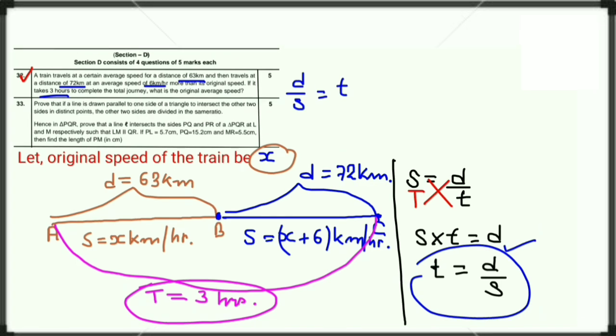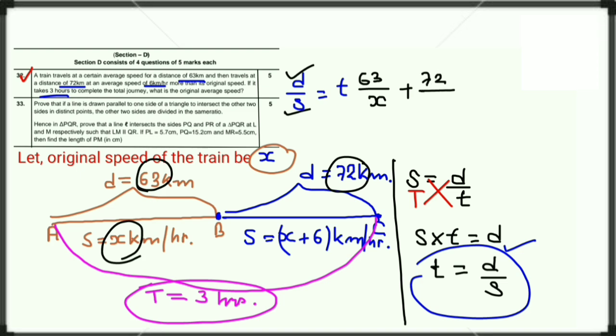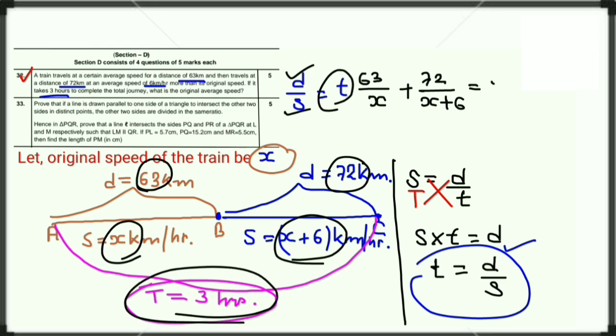Okay, here firstly distance is 63 kilometer, speed is x kilometer per hour, plus again distance is 72 kilometer, and here speed is x plus 6 kilometer per hour, equal to the total time, which has been given as 3 hours, so it will be equal to 3.